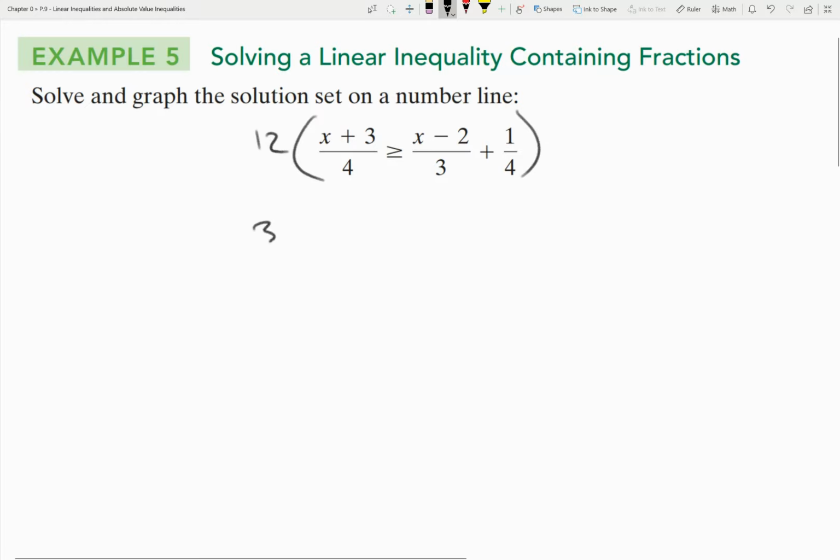That turns into 3 times x plus 3 is greater than or equal to 4 times x minus 2 plus 3 times, well, in this case, it'd just be 1. So we have 3x plus 9 is greater than or equal to 4x minus 8 plus 3.